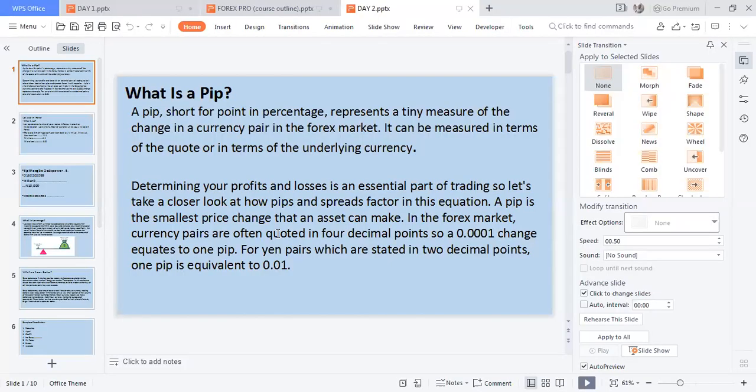It can be measured in terms of the quote currency or the underlying currency. I'll still give you the PDF of this. Determining your profits and losses is an essential part of trading, so let's take a closer look at what a pip is. I just need you all to pay attention and see exactly what I'm doing.